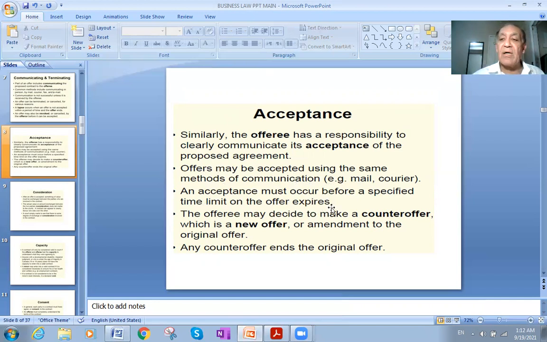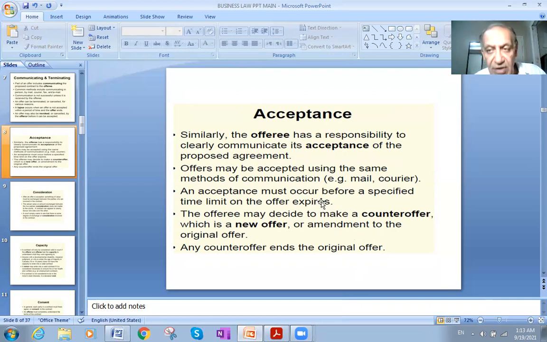So if the seller said this offer will expire within 1 week, and the offeree did not make a decision within this 1 week, and made his decision after 9 or 10 days, then in that case it won't work. So the acceptance must occur before the offer expires.